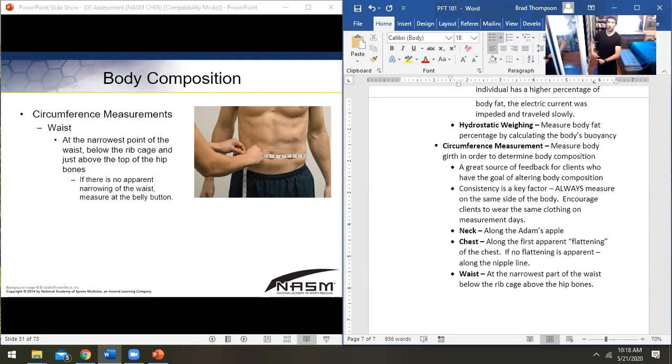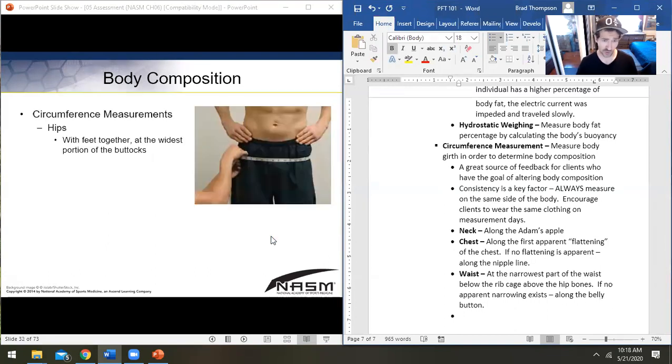So you're going to look for the narrowest part of their waist above their hip bones. And then again, similarly, if no apparent narrowing exists, along the belly button. So me personally, I like using the belly button. Well, hold on, I'll hold off on that. Next one. You've got your hips.